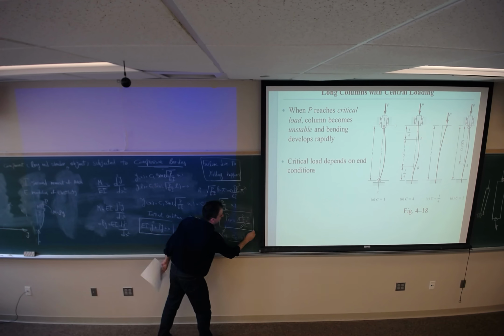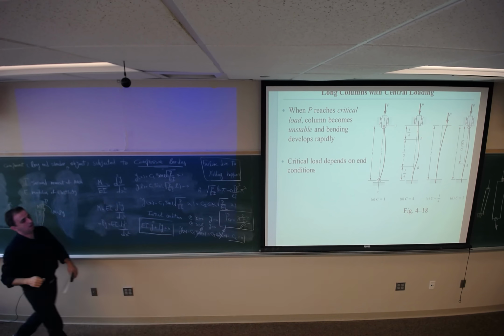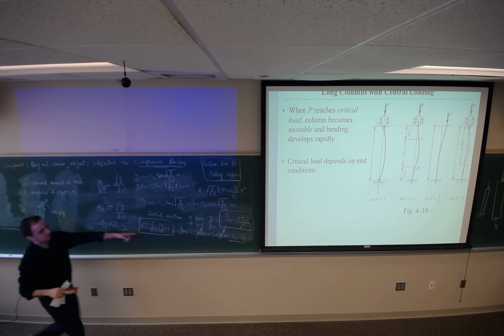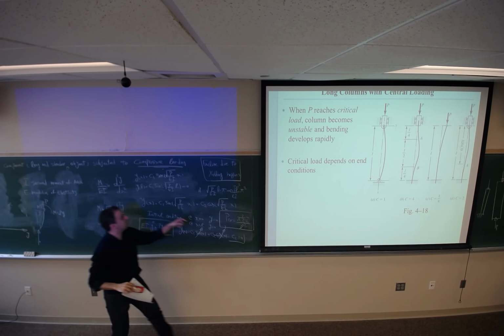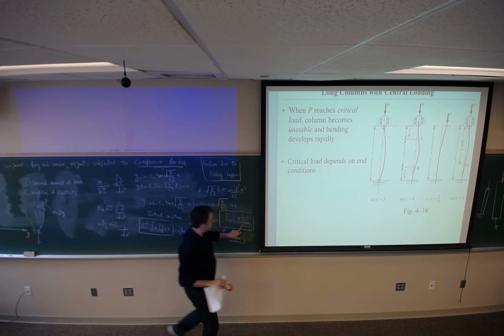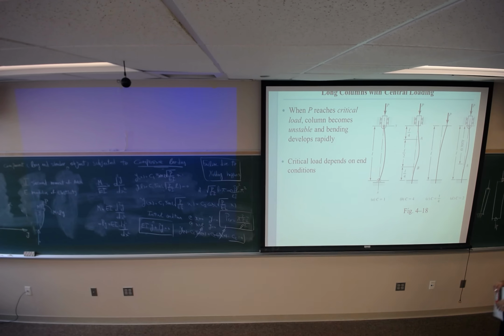I will find the P critical as a function of pi, which is a constant, the modulus of elasticity of the material, the second moment of area for the column, whatever the cross section is, and the length of the column.